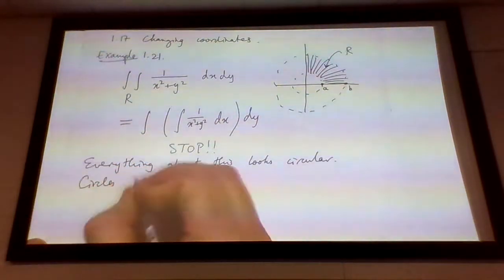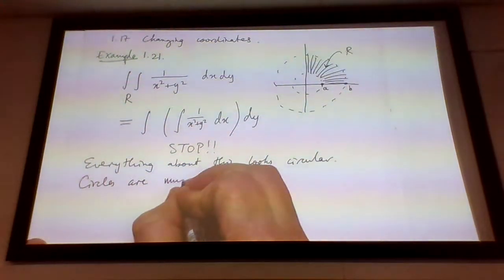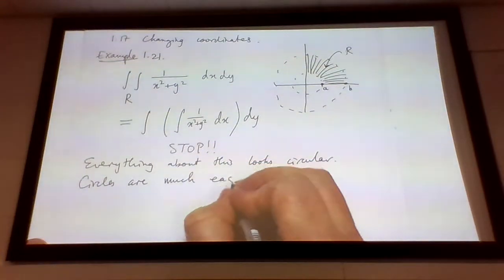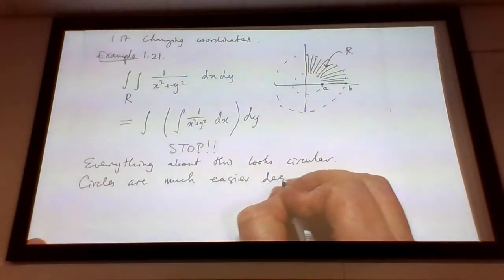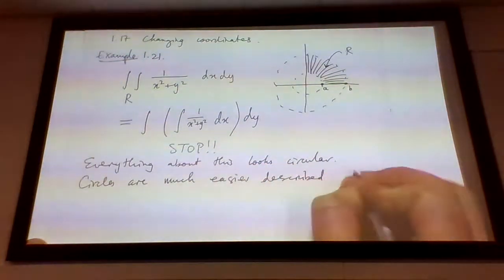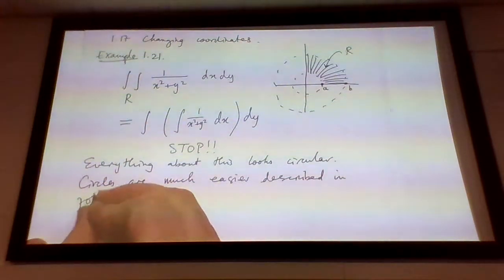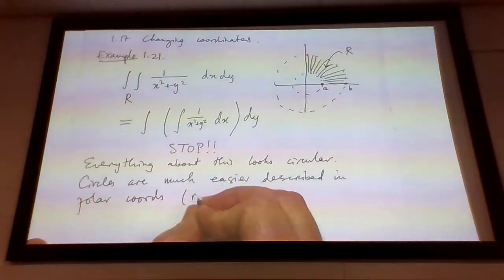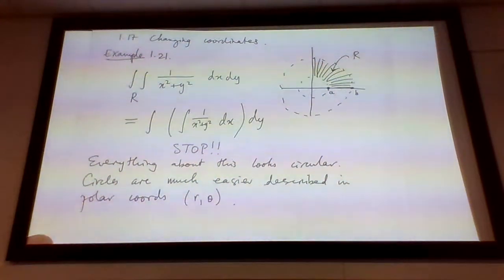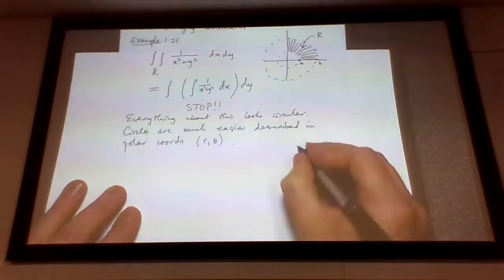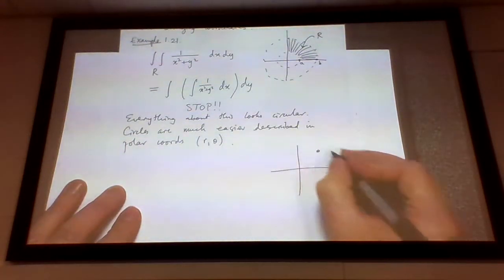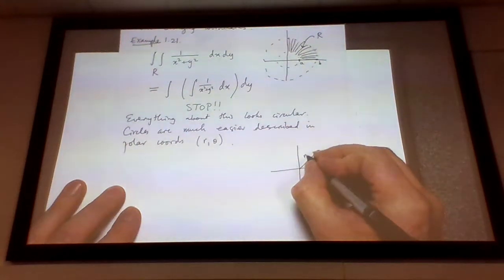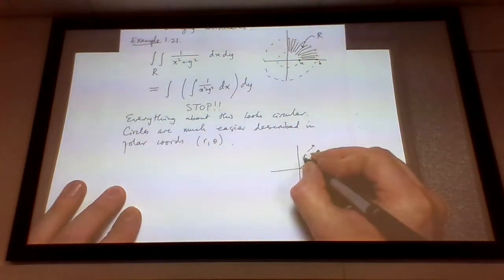Circles are much easier described, not in the Cartesian coordinates, but in polar coordinates, r, theta. Everybody remember the polar coordinate system is you've got a point here, you specify its location by giving the angle theta and the length r of the radial line.